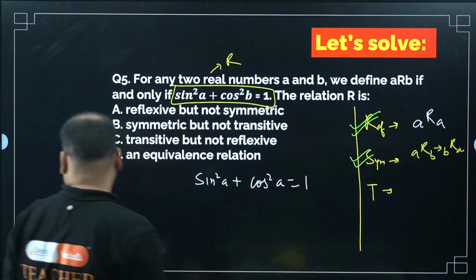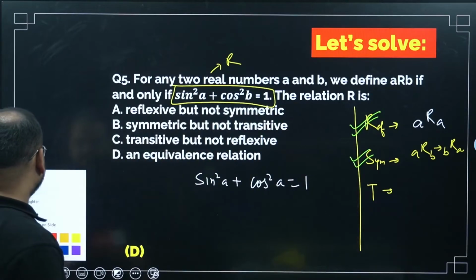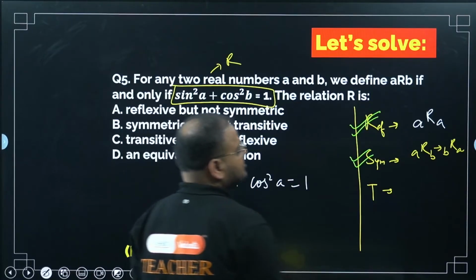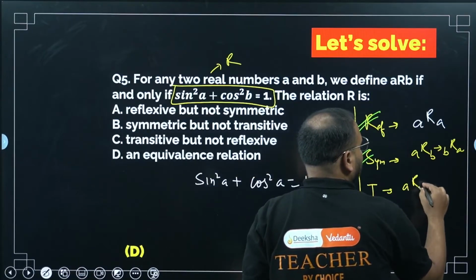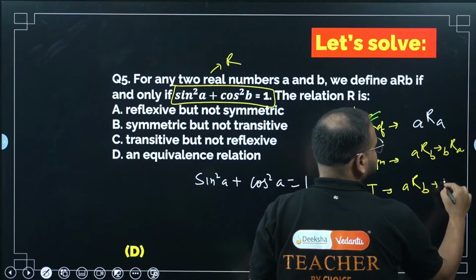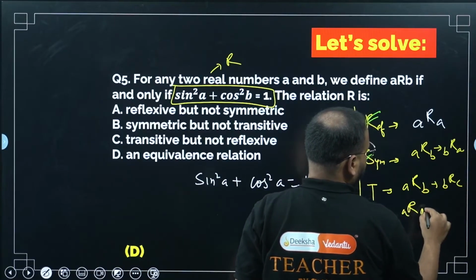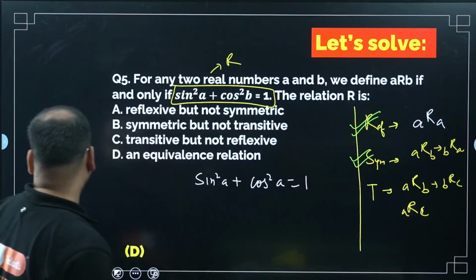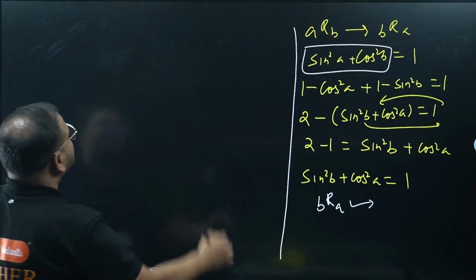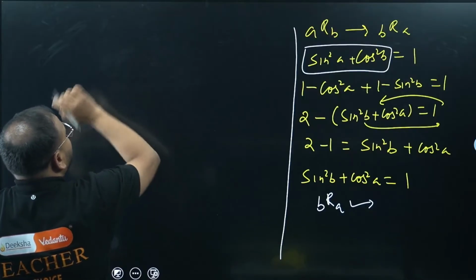Now let's check transitive. What was the definition for transitive? ARB, BRC, then ARC. What's given here?